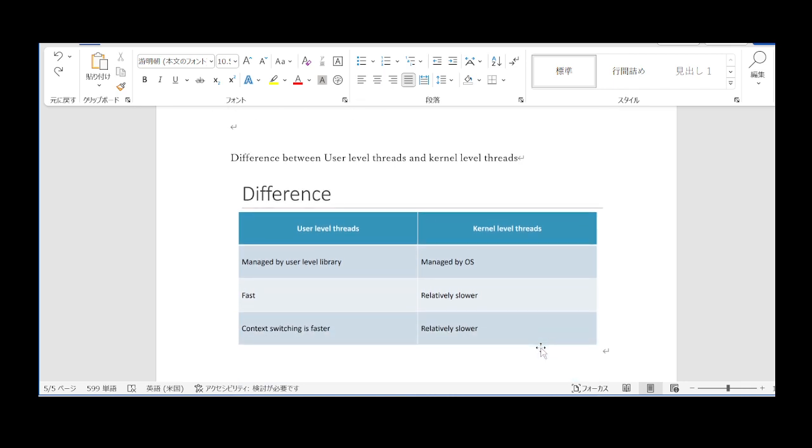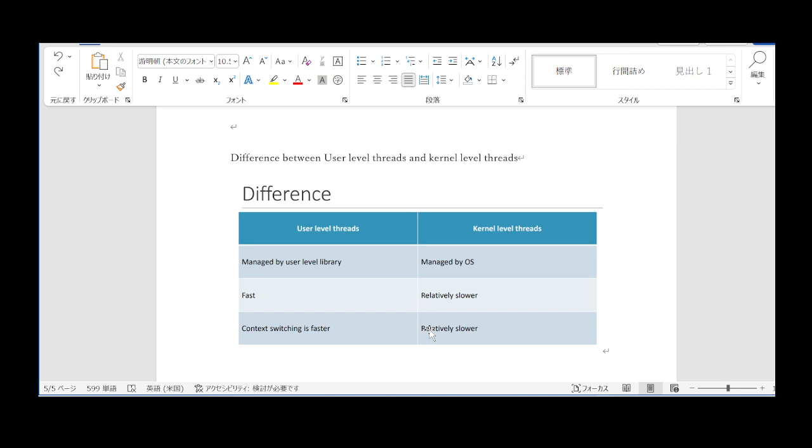Okay, finally, the difference between user level threads and kernel level threads. User level threads are managed by a user level library, and kernel level threads are managed by the OS, so as I said, they require support from the OS. User level is fast and kernel level is relatively slower. This is because the PCB needs to be updated in kernel level threads. This is a system call and this is a local call. And context switching is faster in user level threads and relatively slower in kernel level threads.